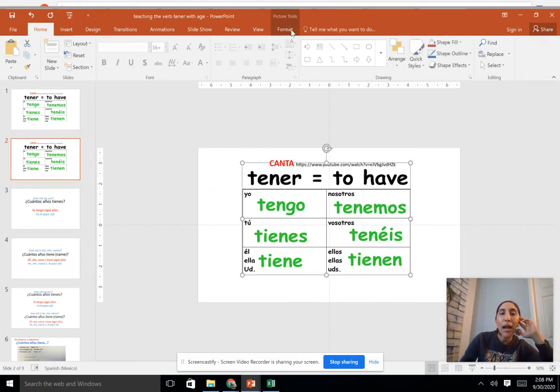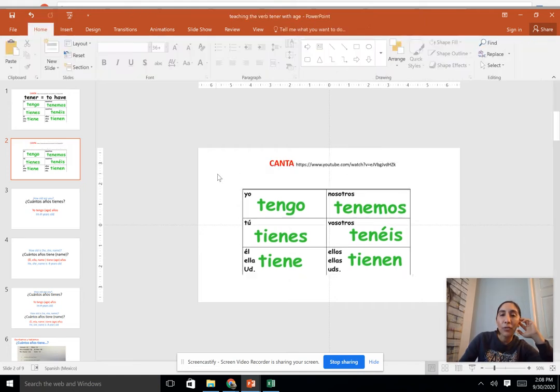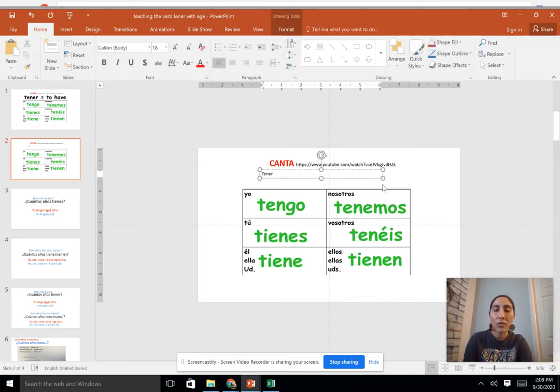Tener is actually going to mean the second definition I have for you. I'm going to take the to have, and then we are going to add the second definition. Tener, it's going to mean to be only to say your age, yeah?